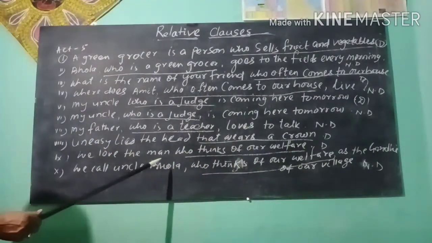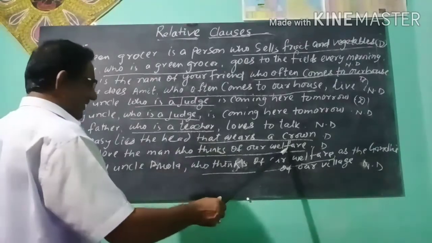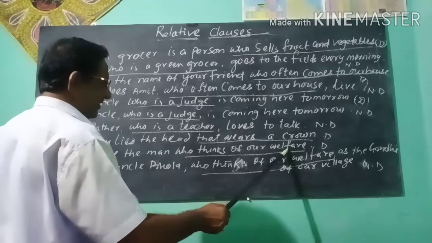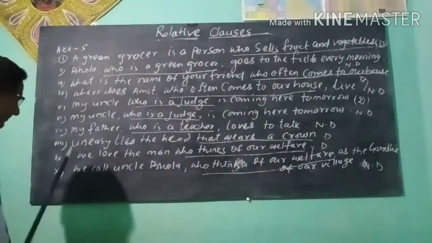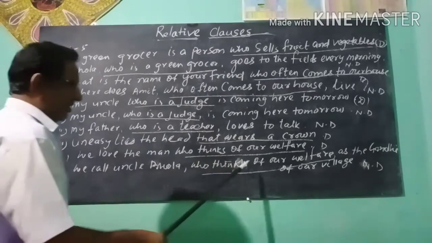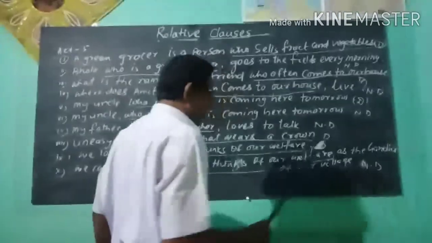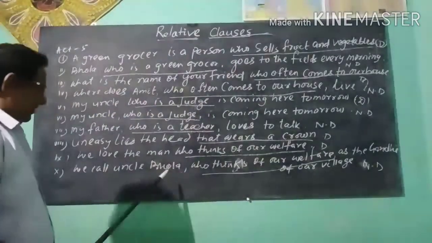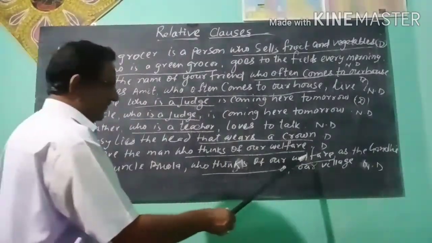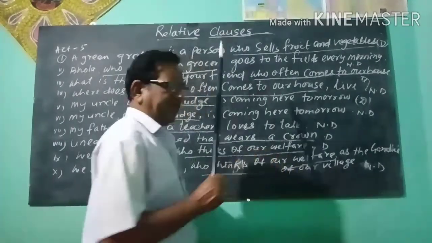We love the man who thinks of our welfare, is a relative clause, it is a defining relative clause. We call Uncle Bhola, who thinks of our welfare, the Gandhi of our village. Who thinks of our welfare is a relative clause, it is a non-defining relative clause.